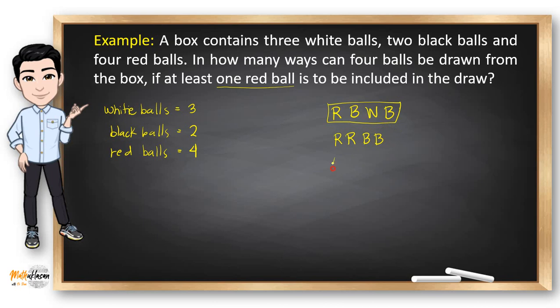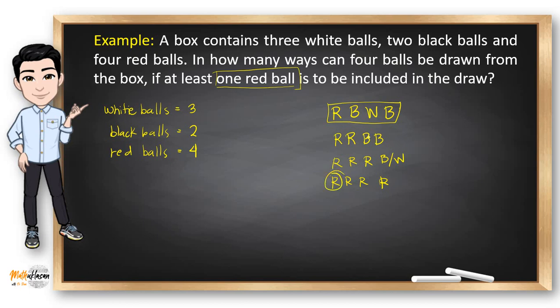Or it could be three red balls, and this last one could either be black or white. Or all the balls are red, because the condition just tells us that it should have at least one red ball.